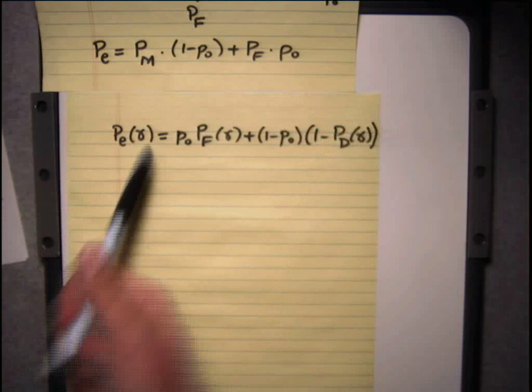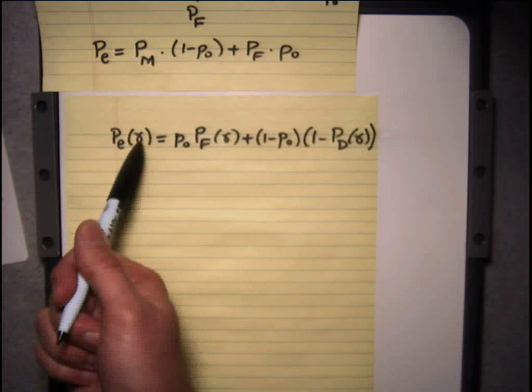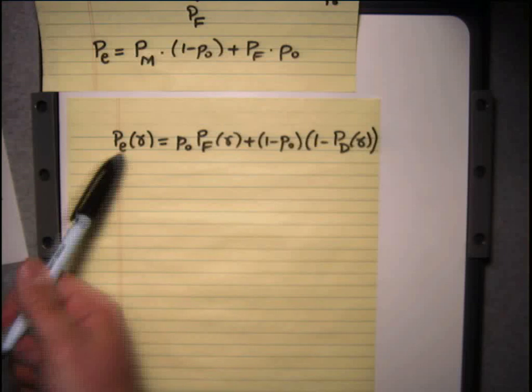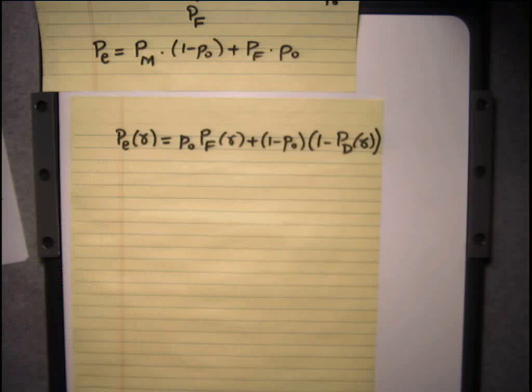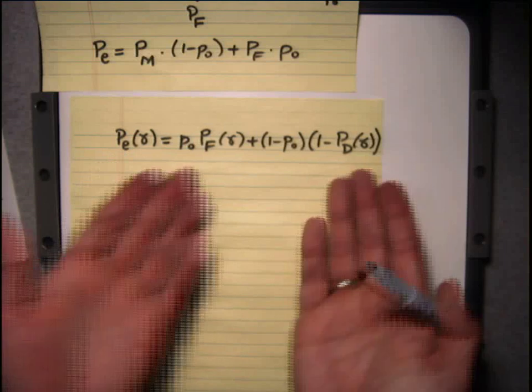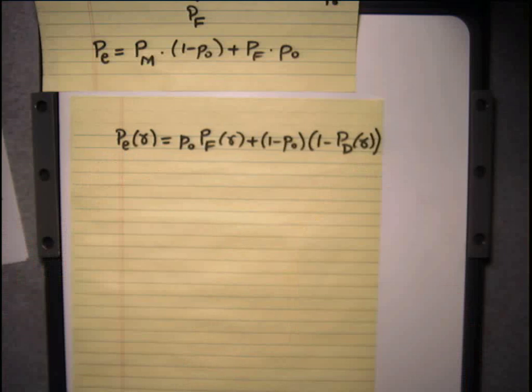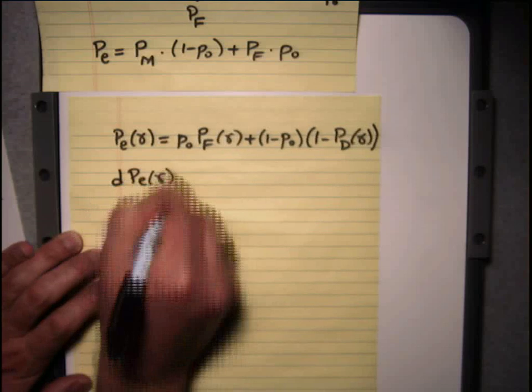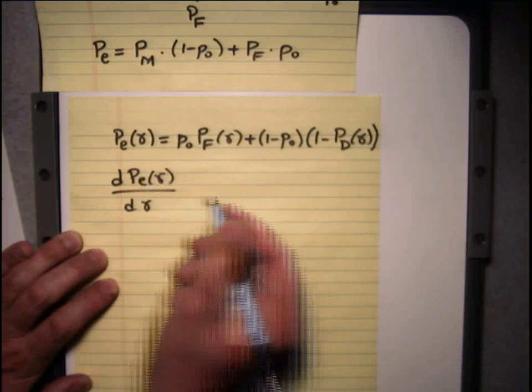So the thing that I can control here is my threshold gamma. I want to choose a threshold in such a way that the probability of error is as small as possible. So what do I do? I differentiate this with respect to gamma, set it equal to 0, and find the solution. So dPe/dgamma: now I differentiate.